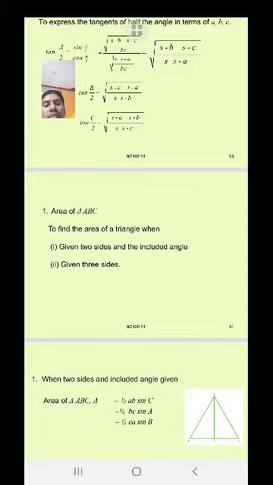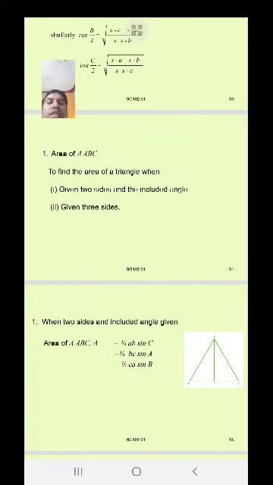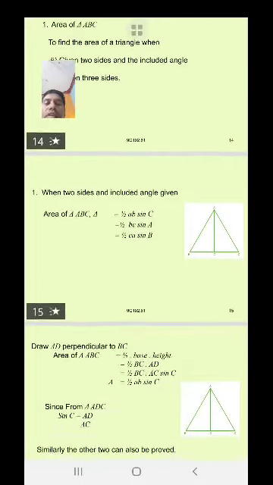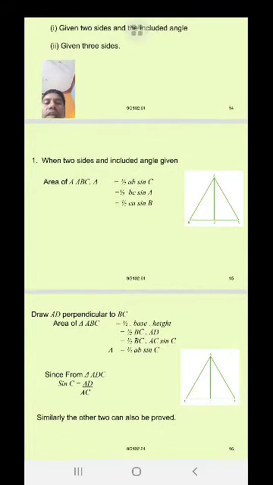The first condition is given two sides and the included angle, meaning the angle is framed in between the two sides. First, we are taking the case when two sides and the included angle are given.